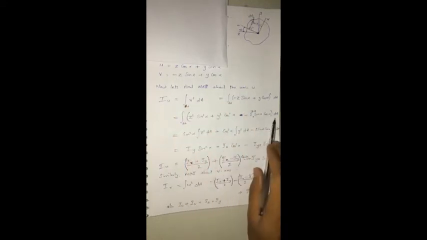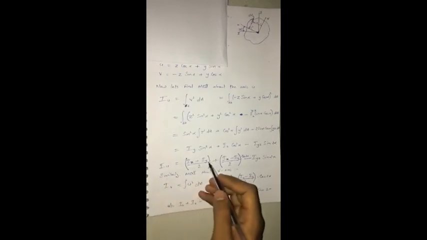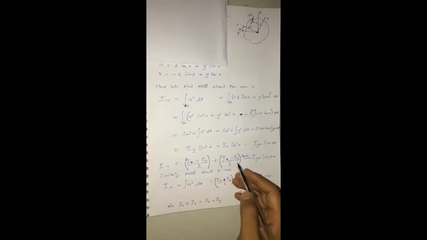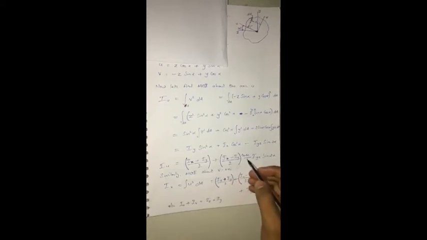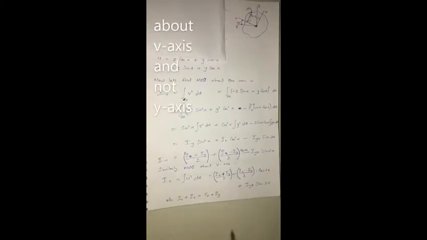Okay, and when we resolve this, we come to the equation Iu is equal to Iz plus Iy by 2 plus Iz minus Iy by 2 cos 2 alpha minus Iyz sin 2 alpha. And similarly we take the moment of inertia about the v-axis. How will we determine that?